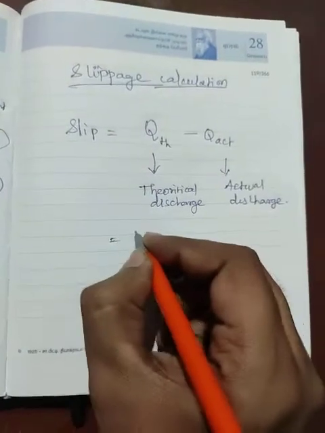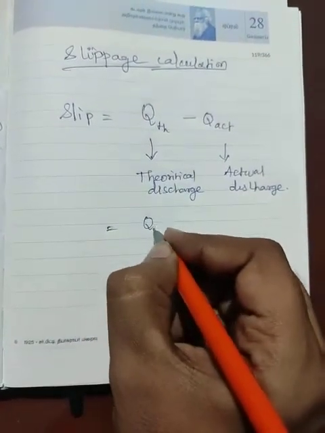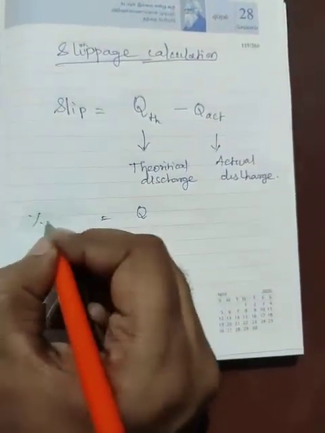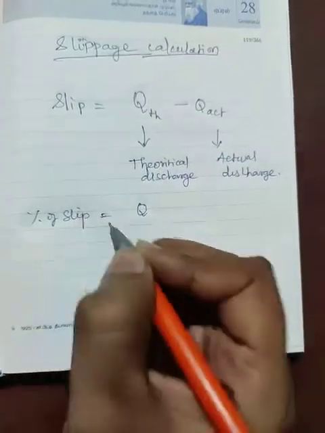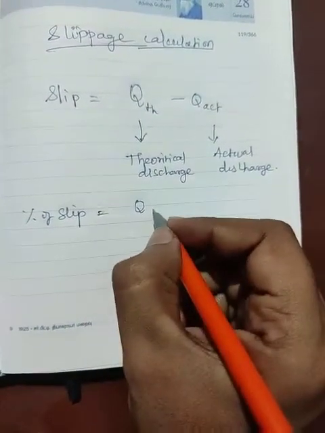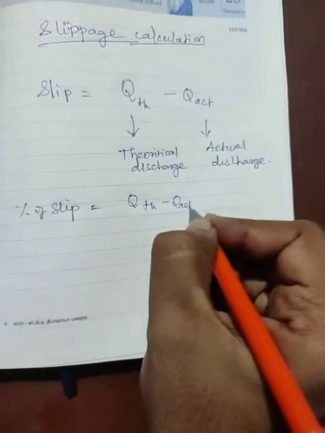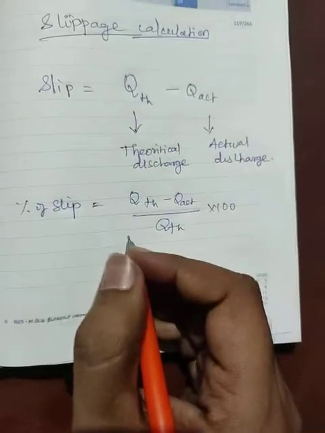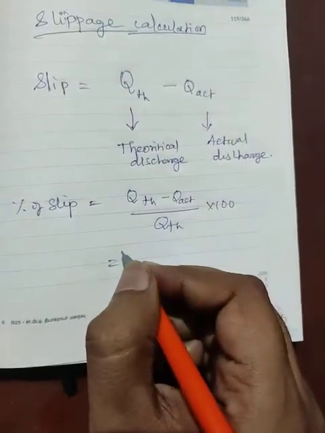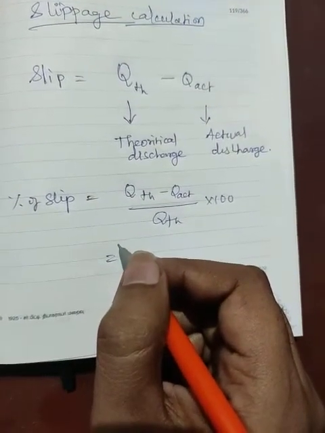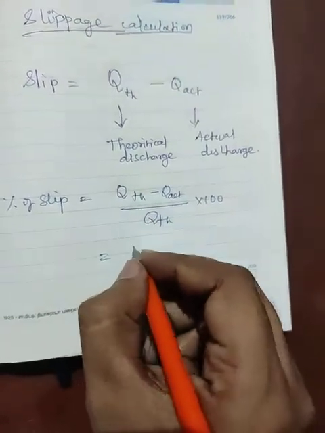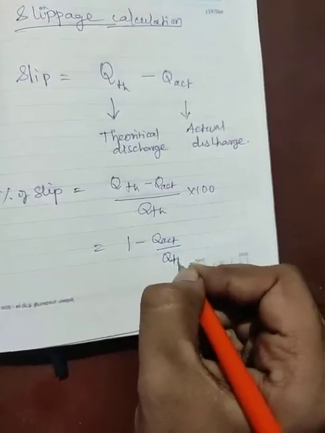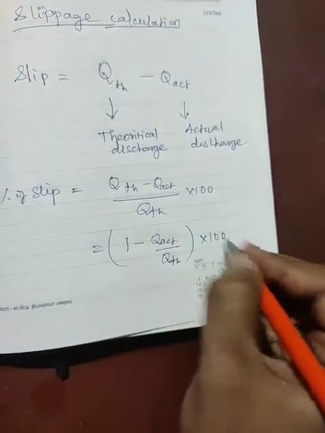In the next section, we are going to calculate the percentage of slip. So slip is QTH minus Q actual. The percentage of slip can be calculated by dividing the slip by QTH. So slip is QTH minus Q actual, divided by QTH into 100, will give the percentage of slip. Further, QTH divided by QTH will become 1.